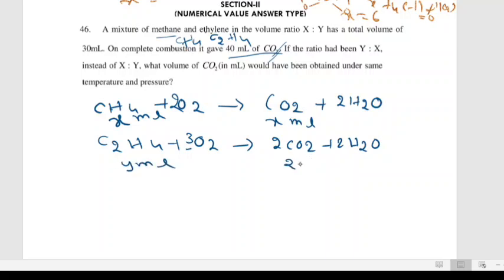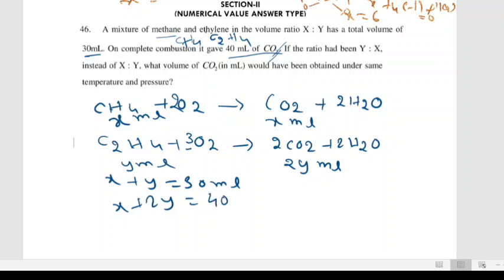You can go with this 2Y ml, right? Now, they are saying that this mixture they have taken is 30 ml. So that means X plus Y is equal to 30 ml. Next, on complete combustion gave 40 ml of CO2. How much is produced here according to our calculations? X plus 2Y, nothing but 40 ml.